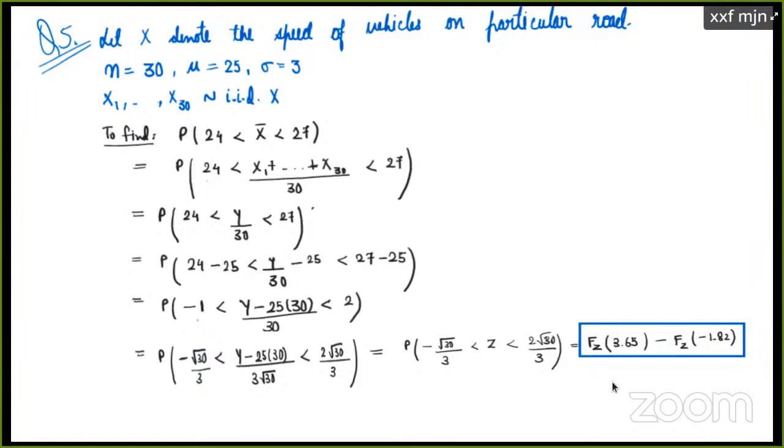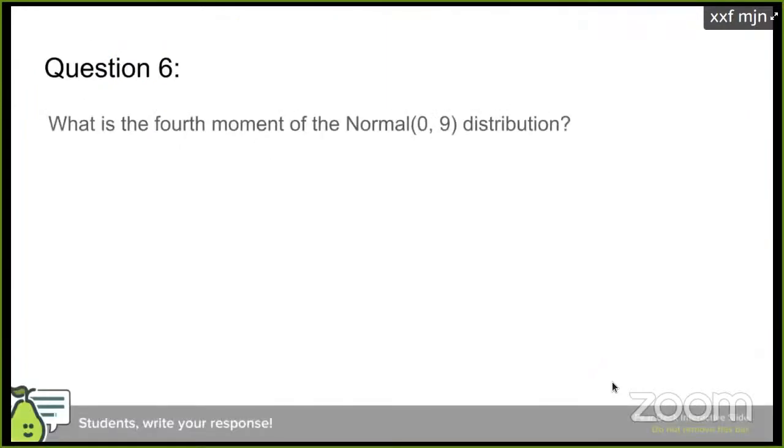Okay, this is the last question. What is the fourth moment of the normal 0-9 distribution? So this is related to MGF. You know the MGF of a normal distribution?